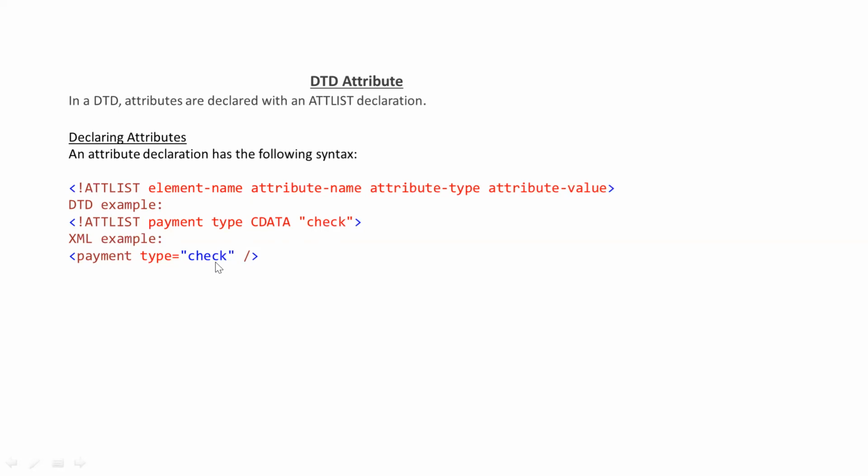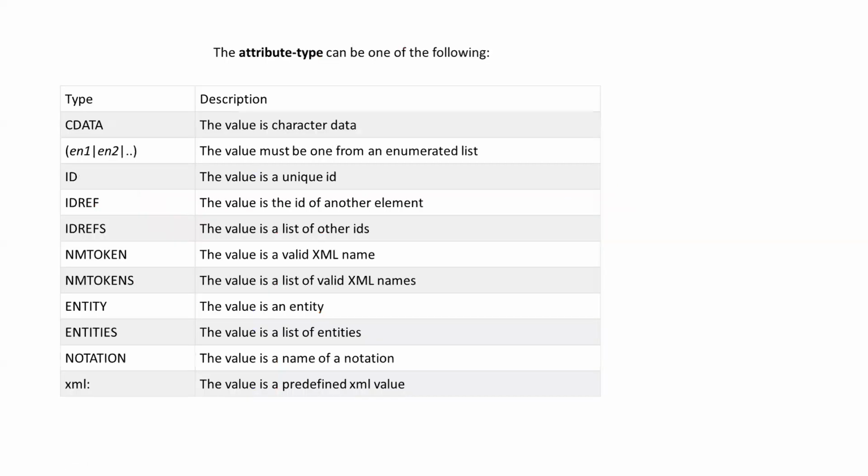Say for example, when I take an element price, I can take an attribute type and it can accept a value US dollar or Indian rupee like this. So you can also add attributes.